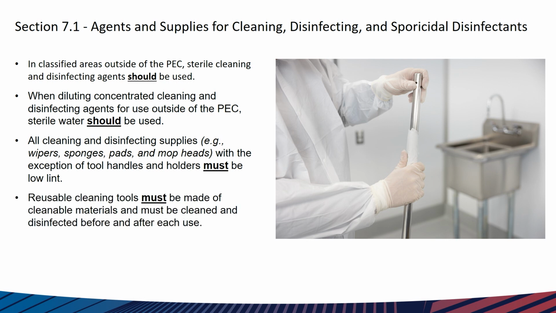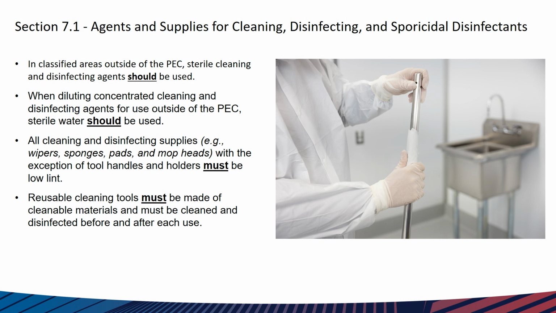Reusable cleaning tools must be made of cleanable materials and must be cleaned and disinfected before and after every use. This is new in the 2022 chapter as well. So before I go in and start cleaning, I need to specifically add a step to my protocol that I'm going to clean and disinfect that mop handle.